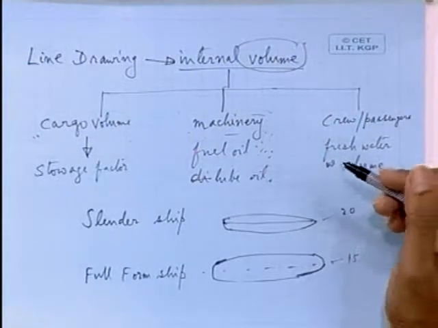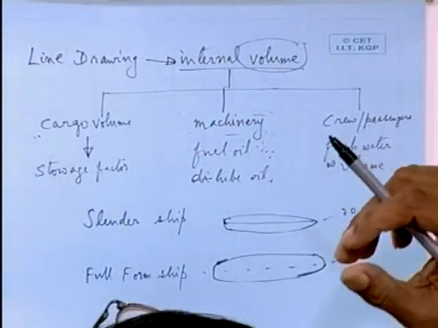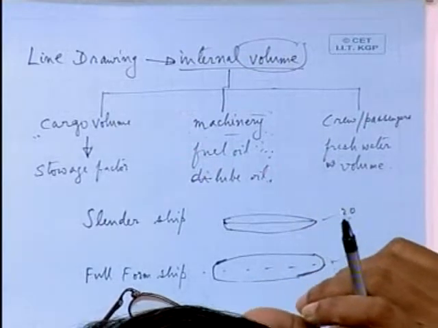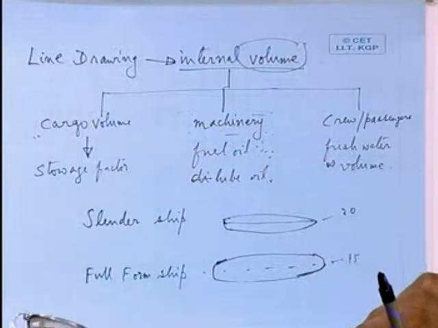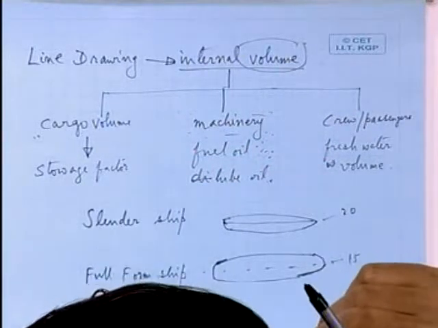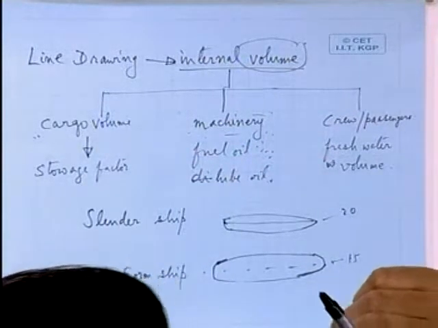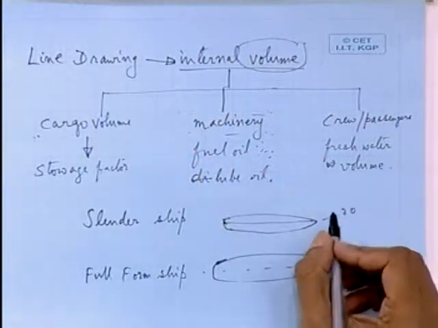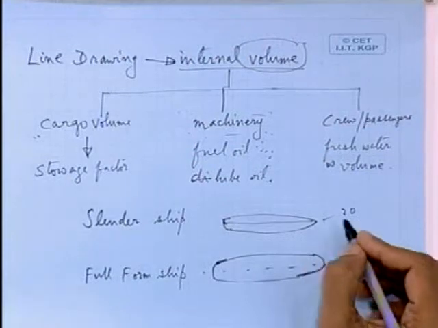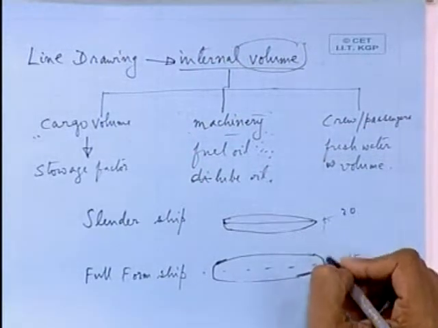The ship will be encountering more and more resistance when it is propelling in the sea. So it has to consume more and more power, and the fuel bill of the captain will go skyrocketing. So here one has to strike a compromise between a slender form ship and the full form ship.